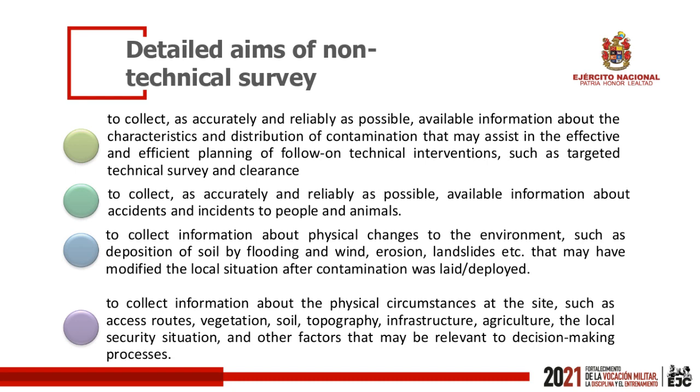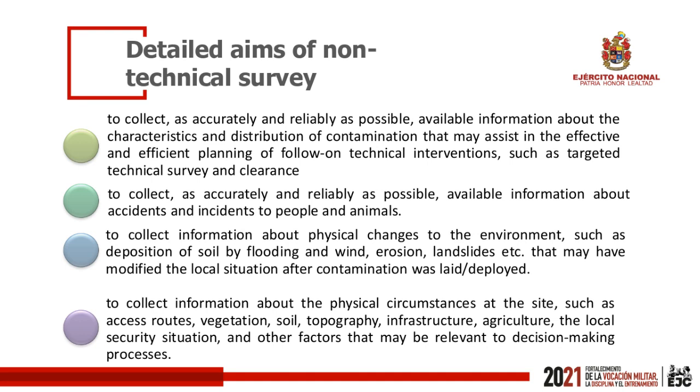Another point is to collect, as accurately and reliably as possible, available information about the characteristics and distribution of contamination that may assist in the effective and efficient planning and follow-up of targeted technical survey and clearance.